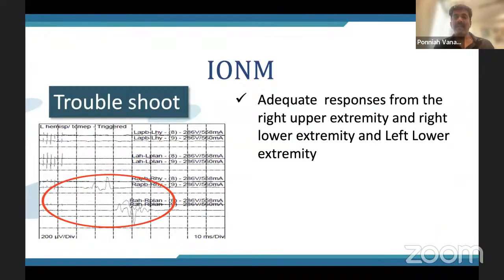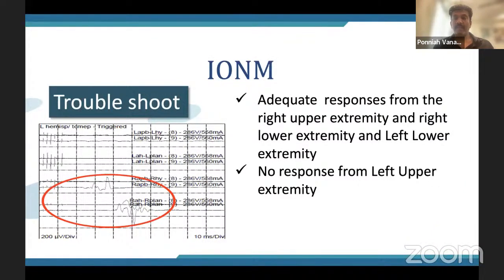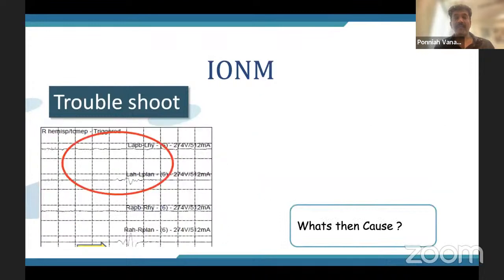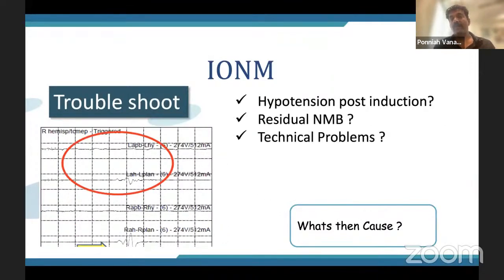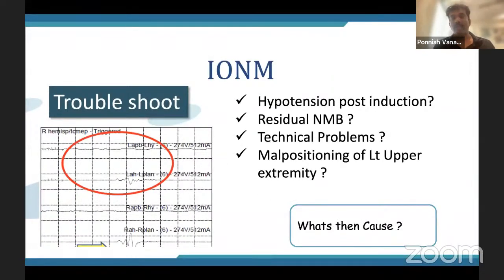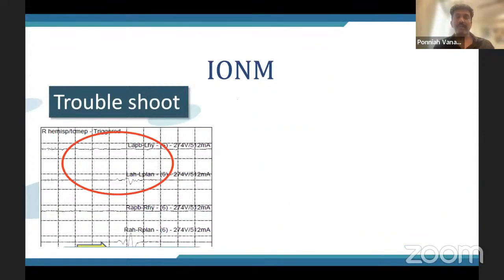If we get an adequate response from one extremity, and then there's no response from only one of them, like the left upper limb, then after ruling out all the general causes, you have to think about technical problems, and then put the blame on the surgical cause, the surgical manipulation or the surgical damage which could have happened.